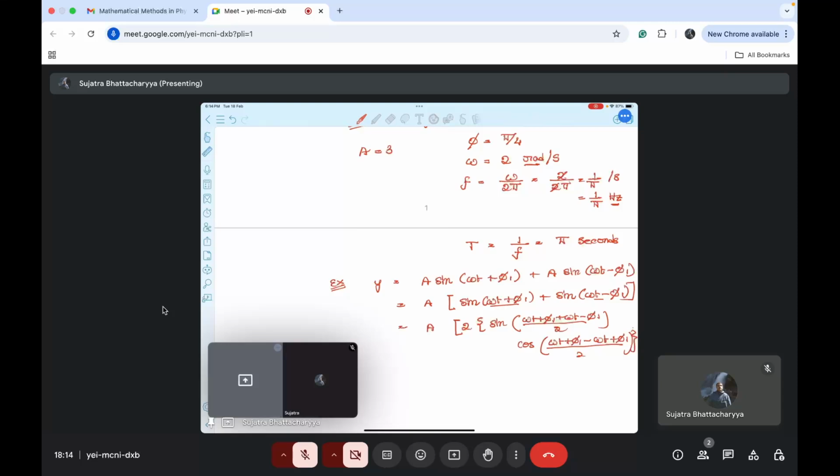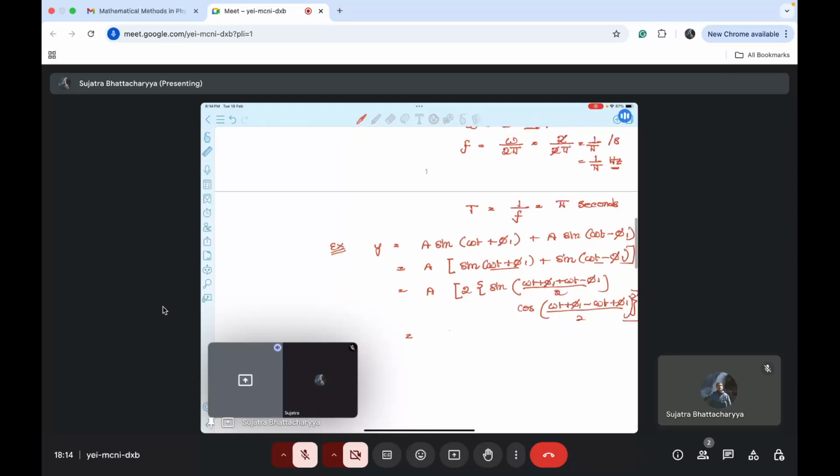The 2a can be taken outside. Omega t cancels out, giving 2 phi 1 by 2. Here phi 1 cancels out and we get 2 omega t by 2. So what you will get is sine omega t, and here it is cos phi 1.